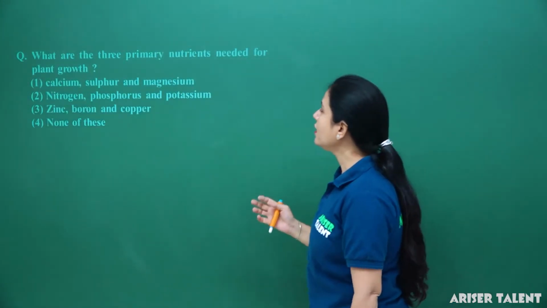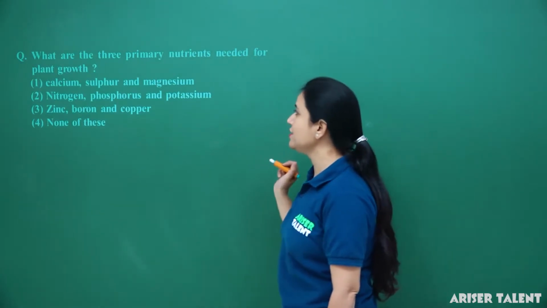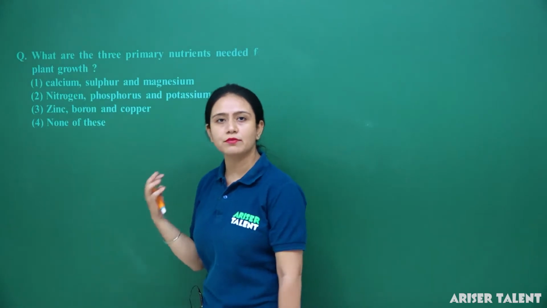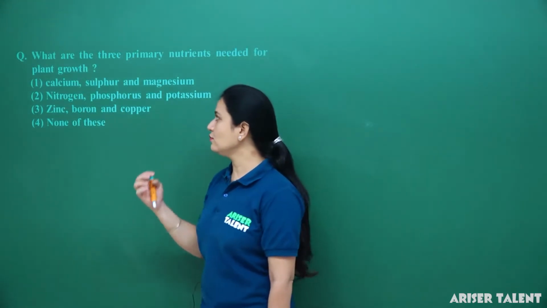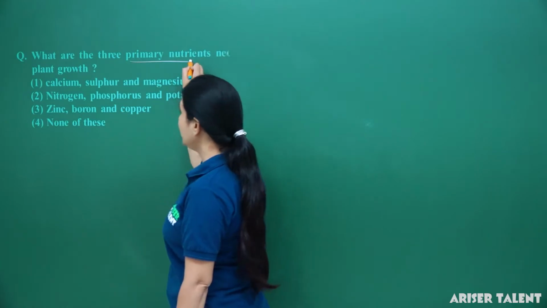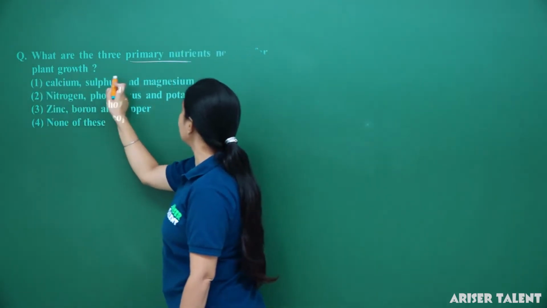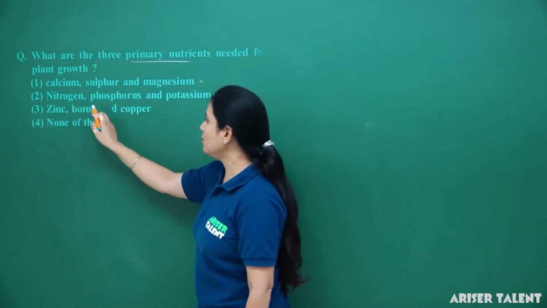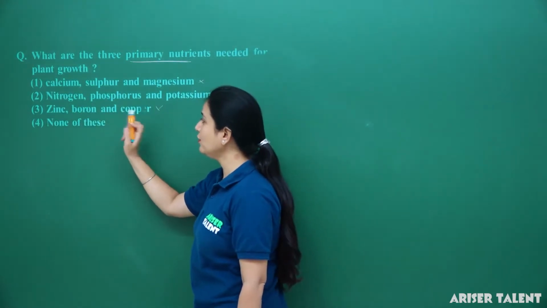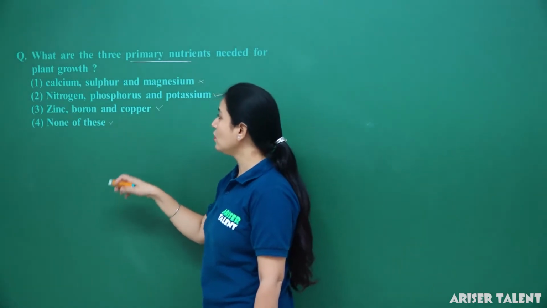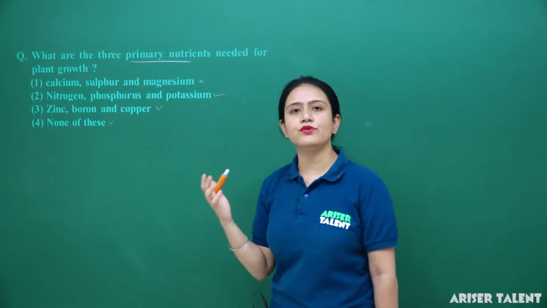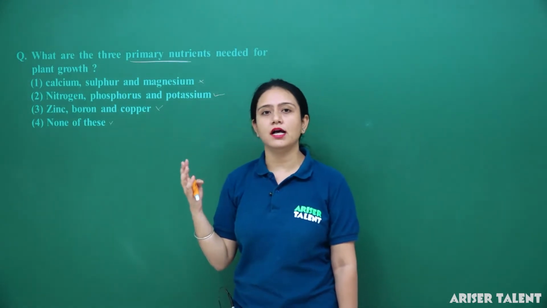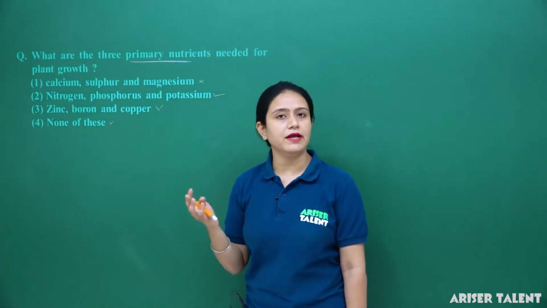Next is, what are the 3 primary nutrients needed for plant growth? We all know that plants need nitrogen, phosphorus and potassium for growth, and these are known as primary nutrients. Calcium, sulfur and magnesium, no. Nitrogen, phosphorus and potassium, yes. Zinc, boron and copper, no, they are micronutrients. None of these. This is also wrong, as nutrients are generally of 16 types. I have already told you in this chapter that 16 types of nutrients are needed by plants.